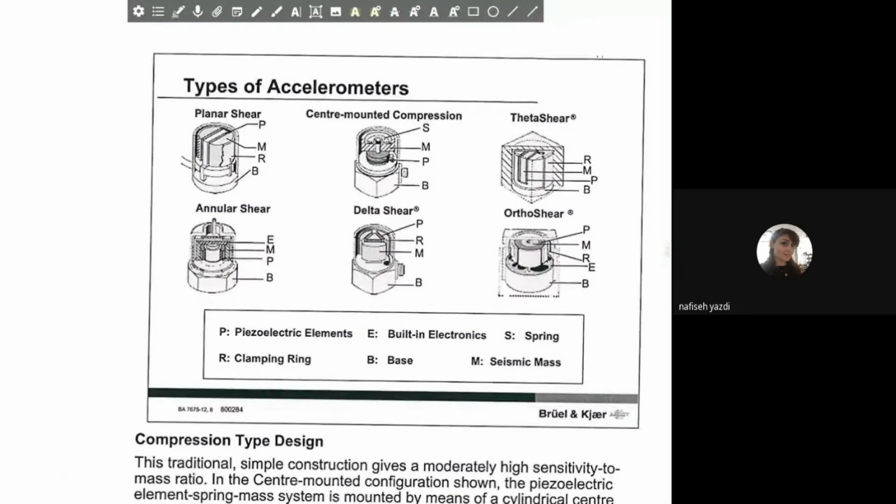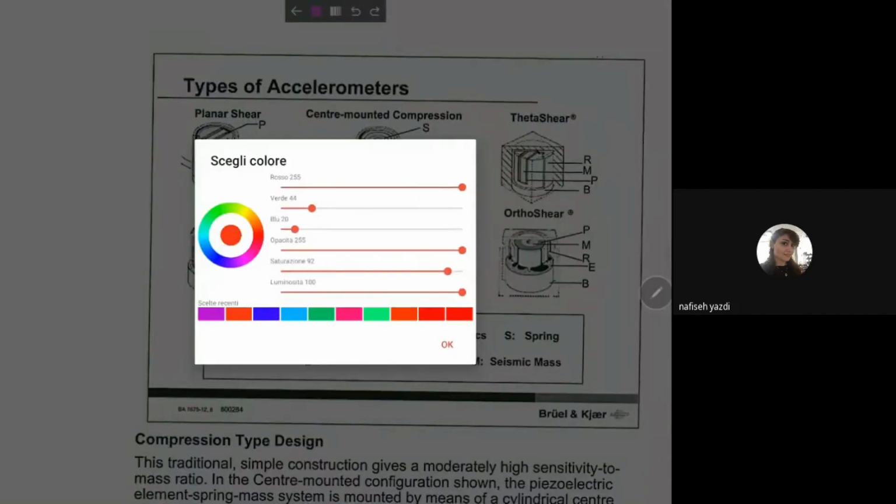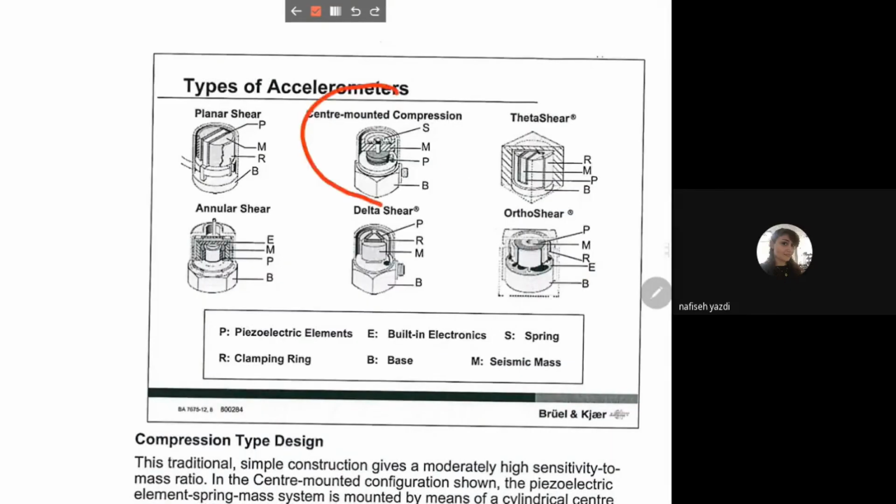There are also many others, but B&K is one of the, let's say, oldest historical ones and very well known. So as you can see here, we start from this one, and this is the first accelerometer that we saw together.